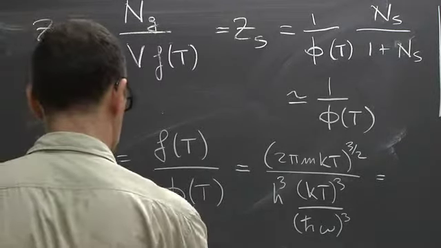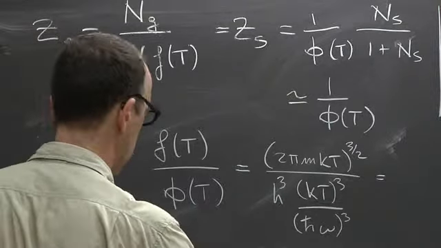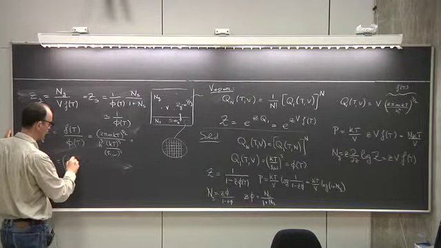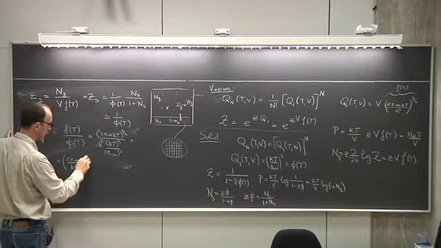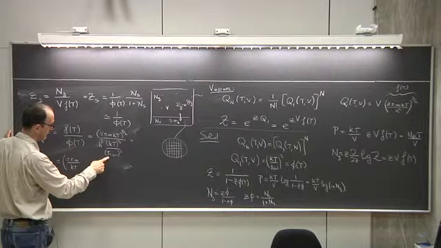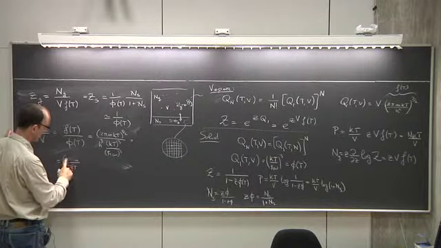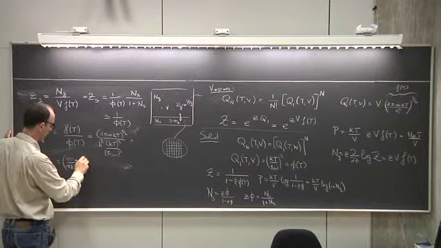So this is equal to 2 pi m divided by kT, this and this. Then h bar, so there is a 2, so the 2 pi goes downstairs, and then you have omega squared here.